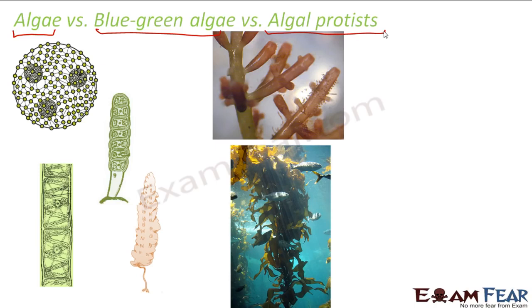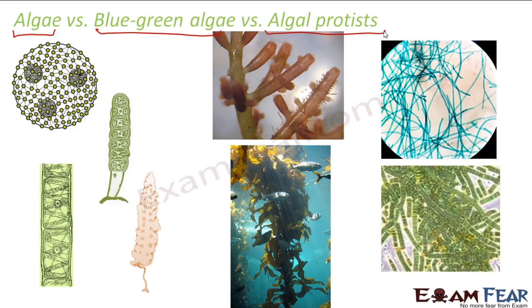Here we spoke about the dinoflagellates and the diatoms, right? So they fall under the protist kingdom. Whereas when I talk about the blue-green algae, that is the cyanobacteria, they fall under the Monera kingdom because they resemble a lot of similarity with the Monera kingdom. So even though they are all algae, because of their different characteristics and different behavior, they have been put under separate kingdoms. So I just gave this slide for a confirmation so that you do not get confused whether algae is a plant or algae is a Monera or algae is a protist. So different types of algae fall under different types of kingdom.